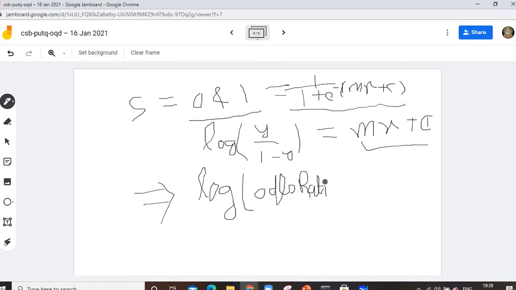The log of odds ratio is equal to a linear function. The log of odds ratio leads to linearity. This is a linear function, y is equal to mx plus c. Yes or no? Yes uncle.